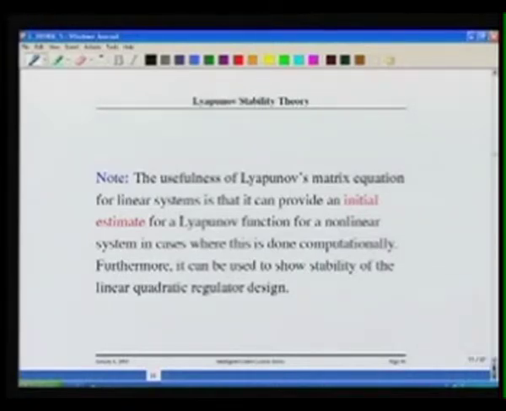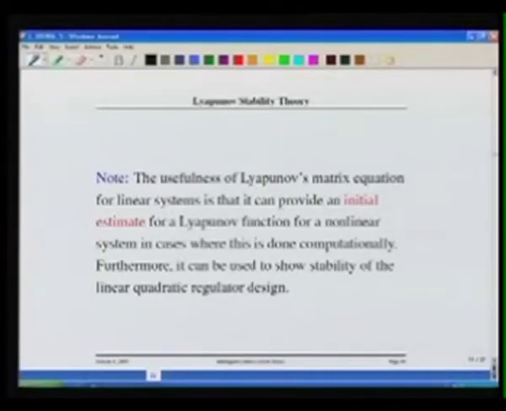Furthermore, it can be used to show stability of the linear quadratic regulator design. Sometimes we are not very clear how to find out a Lyapunov function for some nonlinear systems, and there the Lyapunov matrix equation becomes handy.